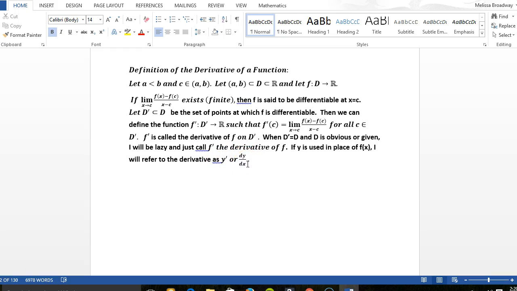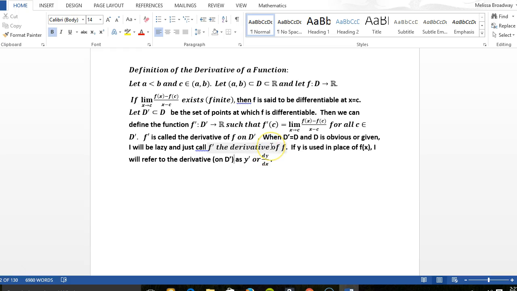And really, if I was to be totally correct, it would be the derivative on D prime. But I'm usually sloppy and I don't bother putting on D prime. But I'll put it there if you want perfection or whatever.